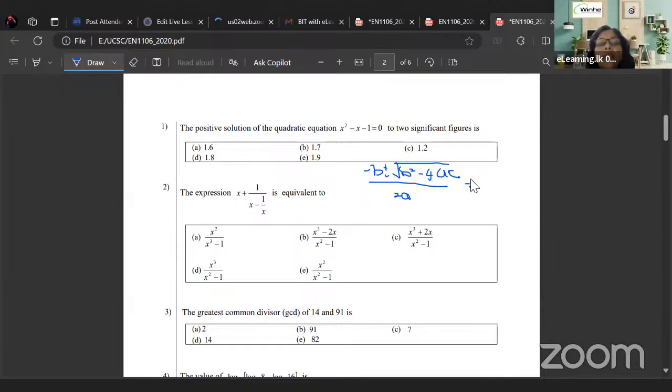Minus b is equal to minus 1, therefore this part will become plus.